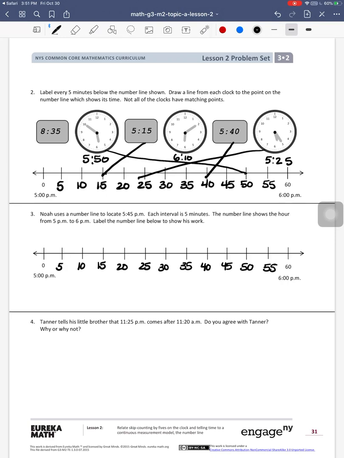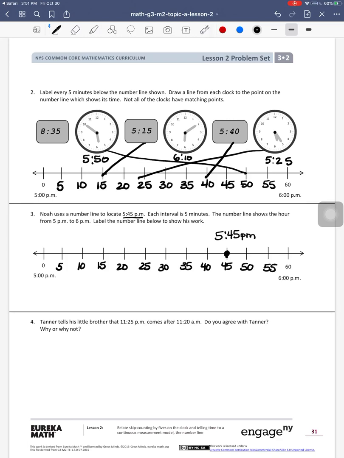All right, so now it says Noah to locate 5:45 p.m. So let's find that right here. Put a dot there, and that's 5:45 p.m.